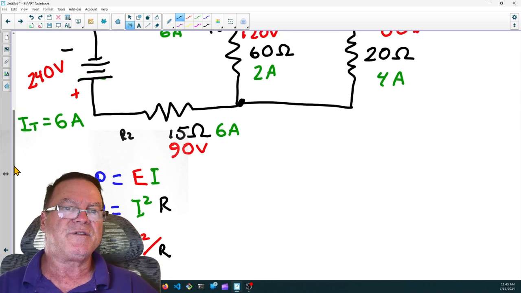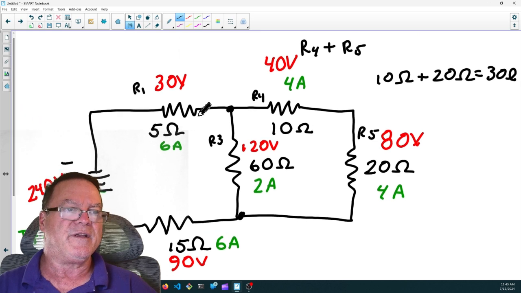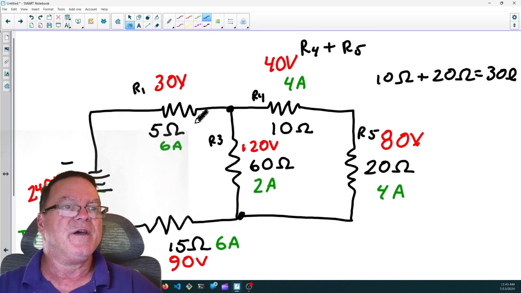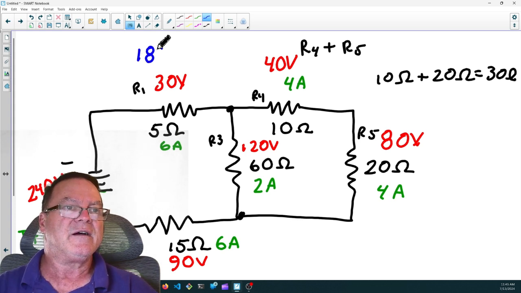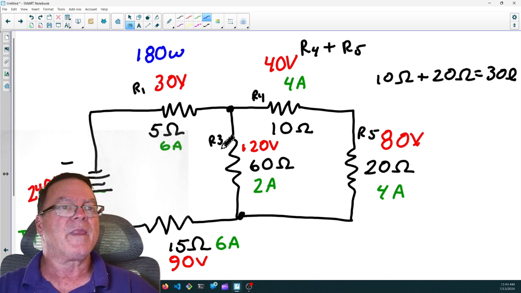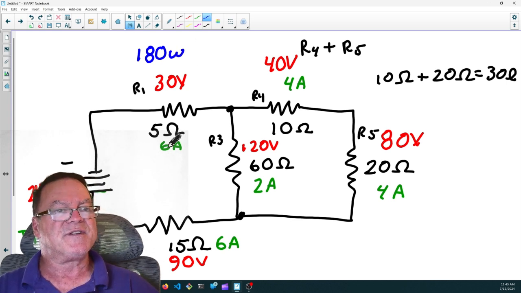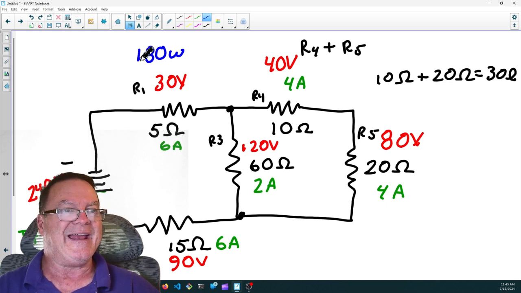So if we wanted to find out what the power is in all of these, we could say 30 times 6, that's 180 watts. I also could say 6 squared is 36 times 5 is 180 watts.